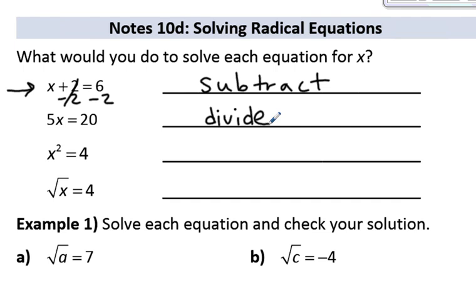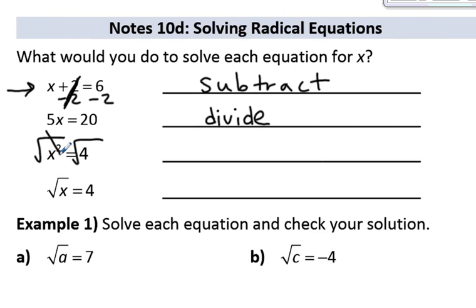Squaring something and taking the square root of something are also opposite operations. If I have x squared equals 4 and I want x by itself, I take the square root of both sides. The square and the square root cancel each other out, leaving x equal to 2.